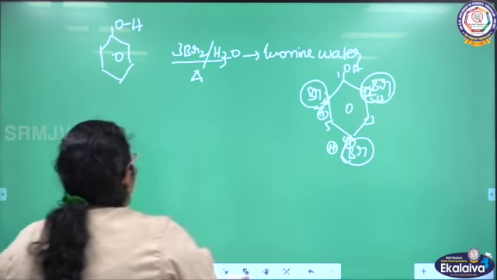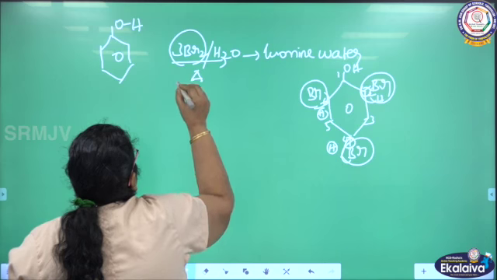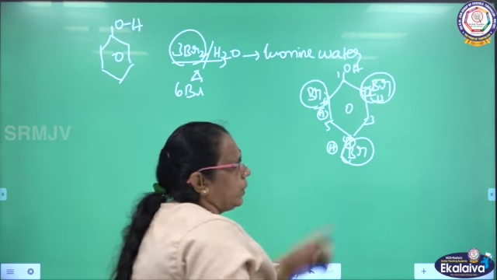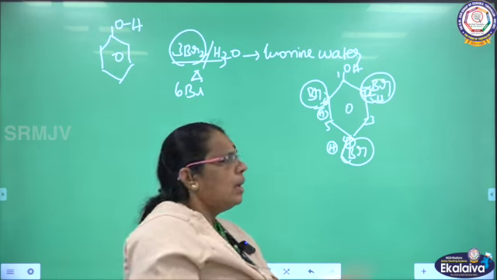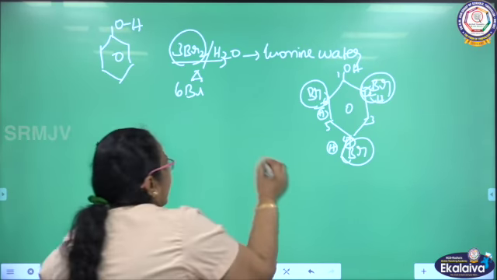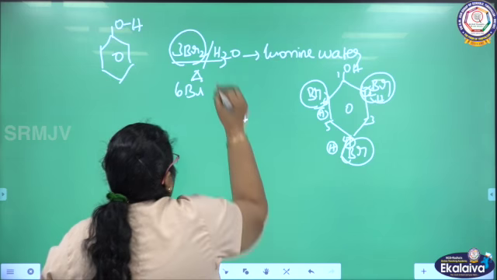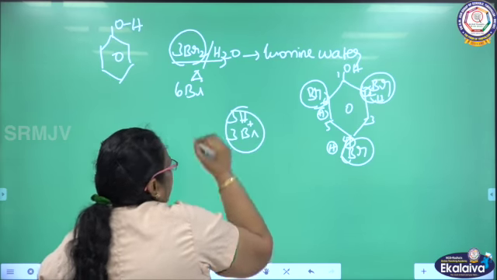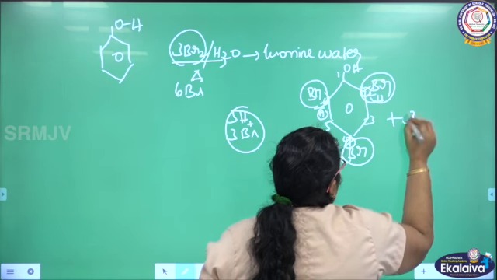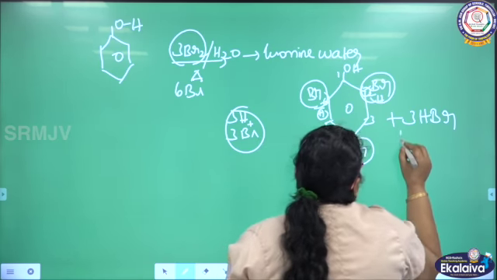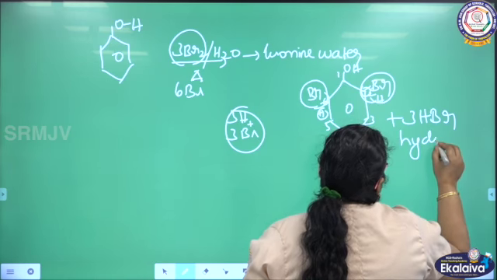So here out of 6 bromine atoms, 3 bromine atoms are substituted in the benzene ring. 3 more bromine atoms are left behind. So 3 hydrogen atoms are remaining and 3 bromine atoms are remaining. They are combined to give 3 HBr. What is HBr? Hydrogen bromide.